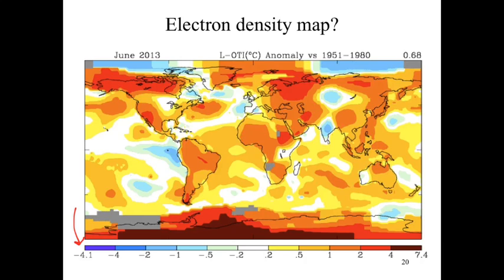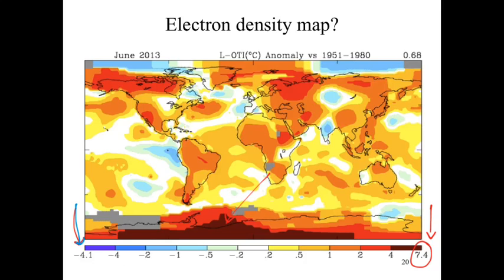If we look at our key, the blue means that the temperature actually decreased, in this case from June 2013 relative to the average of 1951 to 1980. And the super red section is an increase in temperature by 7.4 degrees. So this is just a global warming plug, I guess. If we take a look, we see that largely the entire planet has increased in temperature, and in sections that we would really have hoped it would not, say like the Arctic.